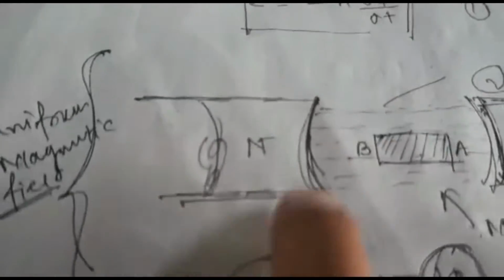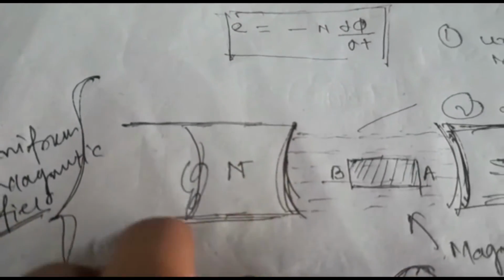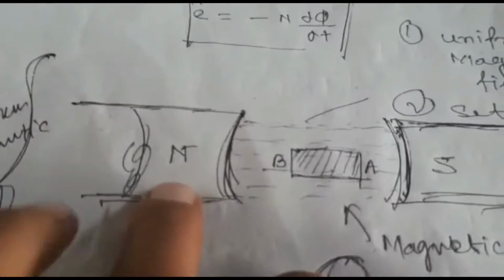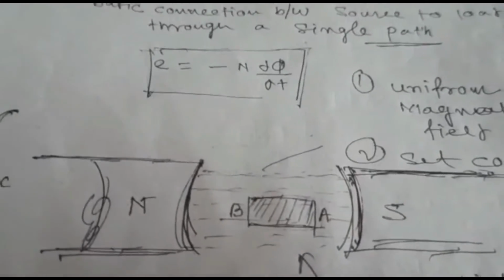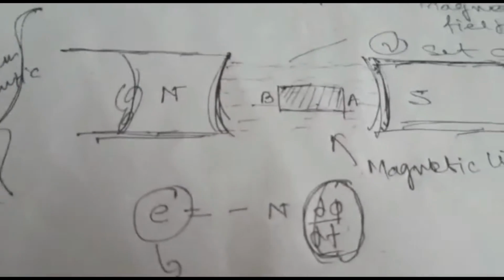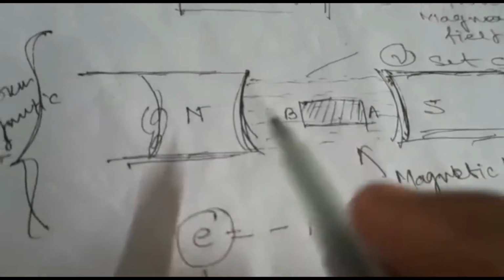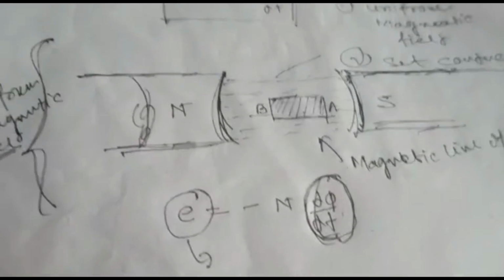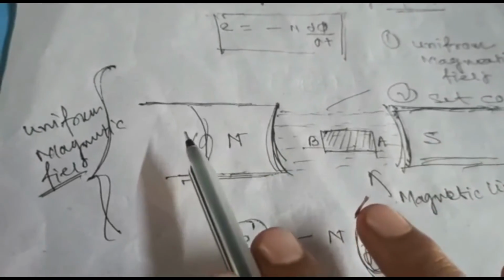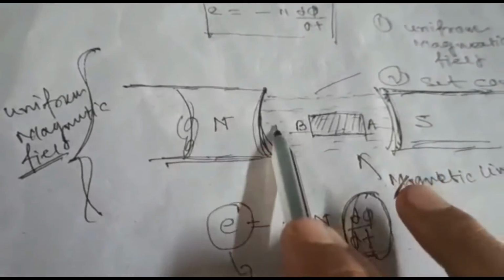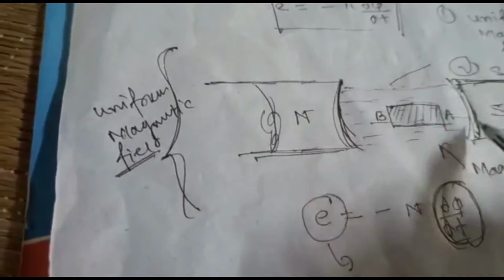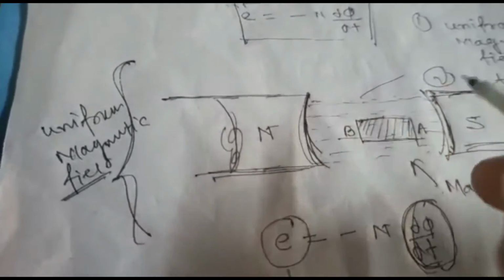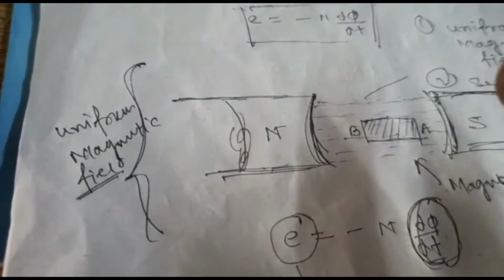Here we use a permanent magnet, that is N, north pole, and here the other, south pole. Through these two magnets, we try to produce a uniform magnetic field. We know that if two opposite poles face each other, they attract each other.